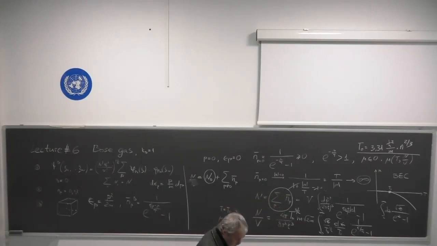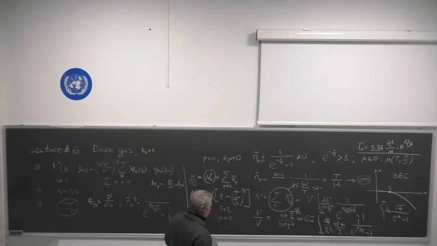And therefore, we can write down that the number of particles N node in the Bose-Einstein condensate state is given by N times 1 minus T over T node to the power 3/2.